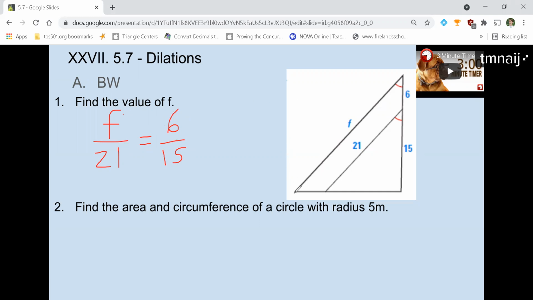If we look, F is this really big side right here, over 21, which is the small side right here. 6 is supposed to be this really big side, not just this little part up here. So that should really be not 6, but 21. Oh, is it 21 too? Yeah. Oh, that's interesting, a little sneaky deek.